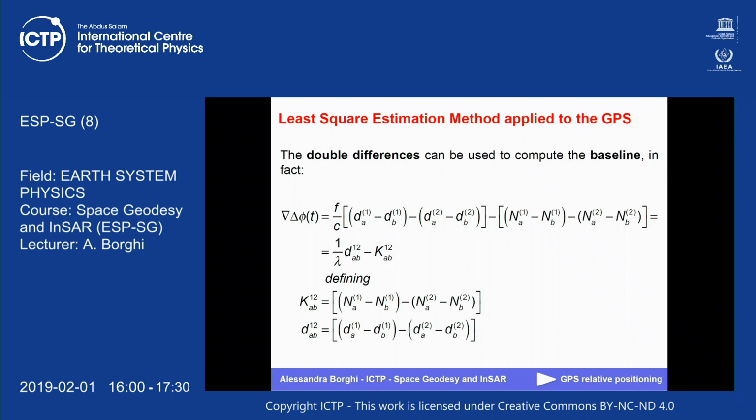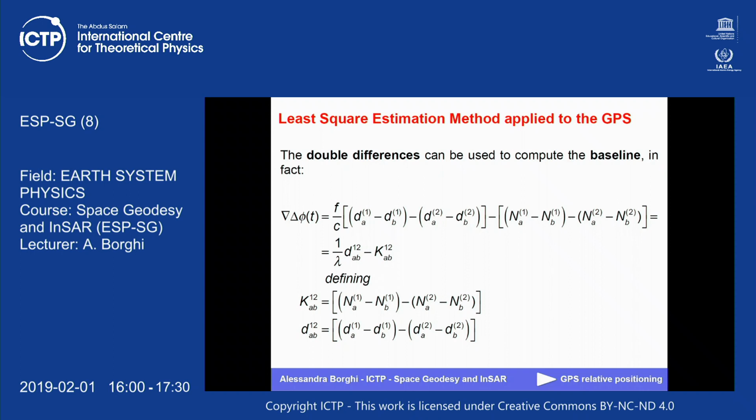And we have seen that usually we have a lot of stations and a lot of satellites, and we observe for many times, so we have many epochs that we can process together to obtain our final solution. So we have a redundant observation.